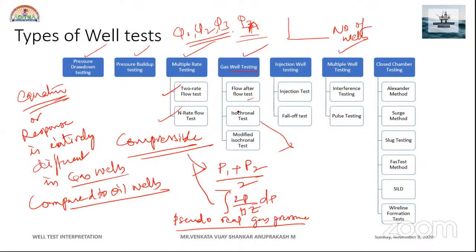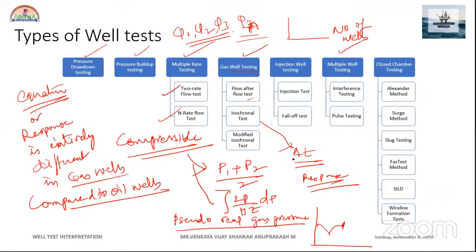As the name indicates, isochronal: for different, same time periods, we will be shutting the well and observing the response. So what is the modified isochronal? In the case of isochronal, we try to observe that it will regain its original condition of flow.